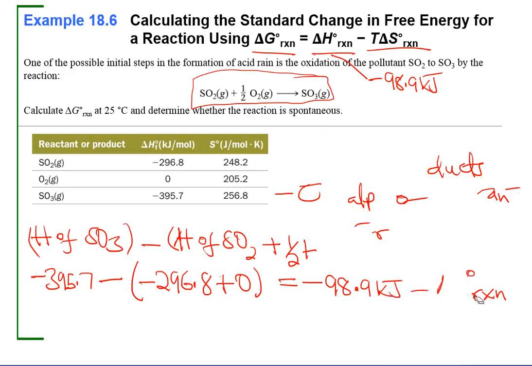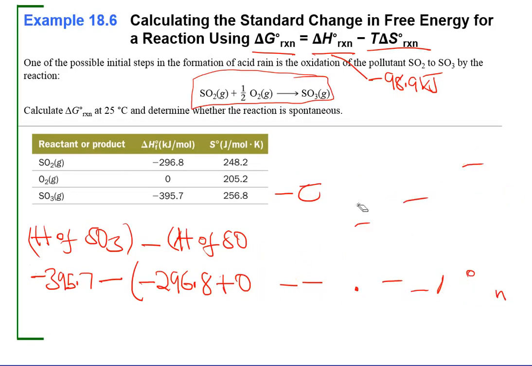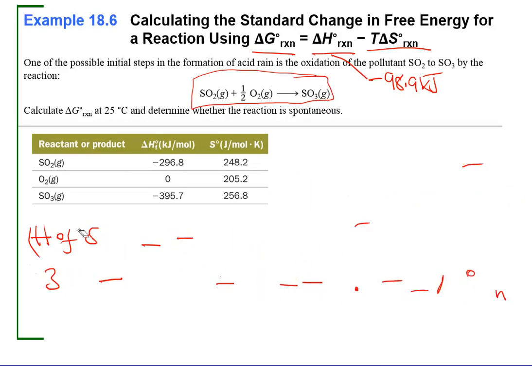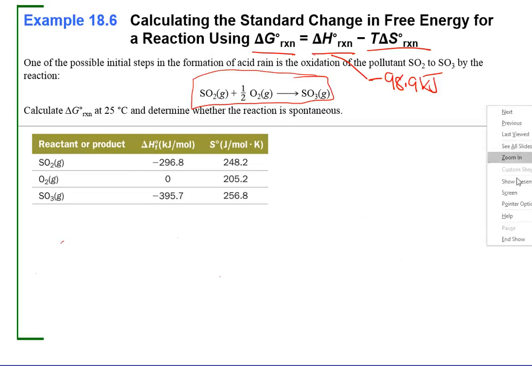First, you determine the change in enthalpy, then you determine the change in entropy. So I'll go on and say the entropy part.